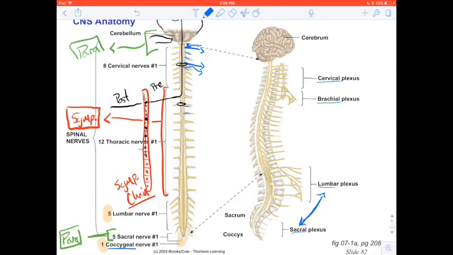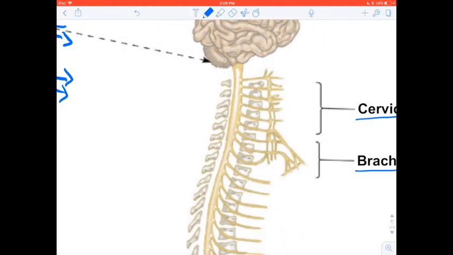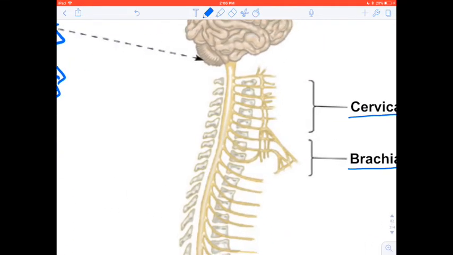All right, and what's going on here in these plexuses? What is a plexus? And if we zoom in here, we can get a rough idea of what's going on. So imagine you have some sort of really important target organ out here. All right, we'll say these are the lungs. Right, and we have the phrenic nerve that feeds the lungs.